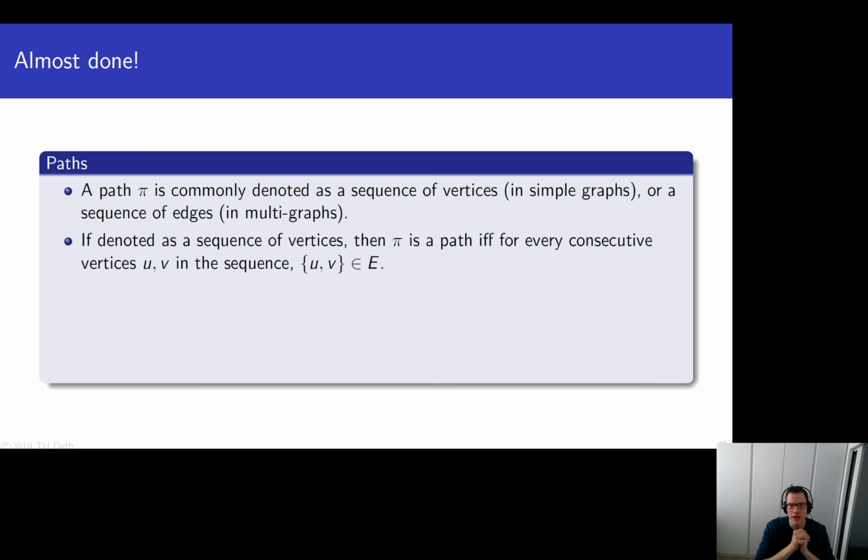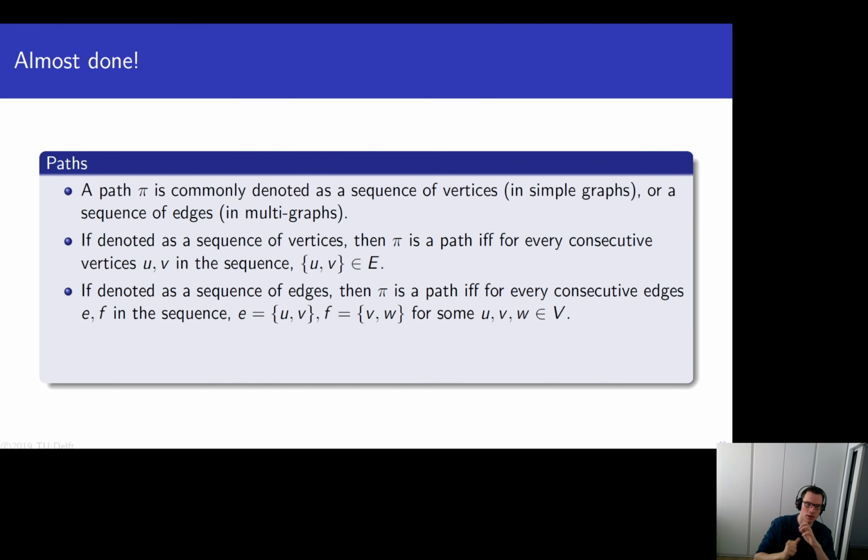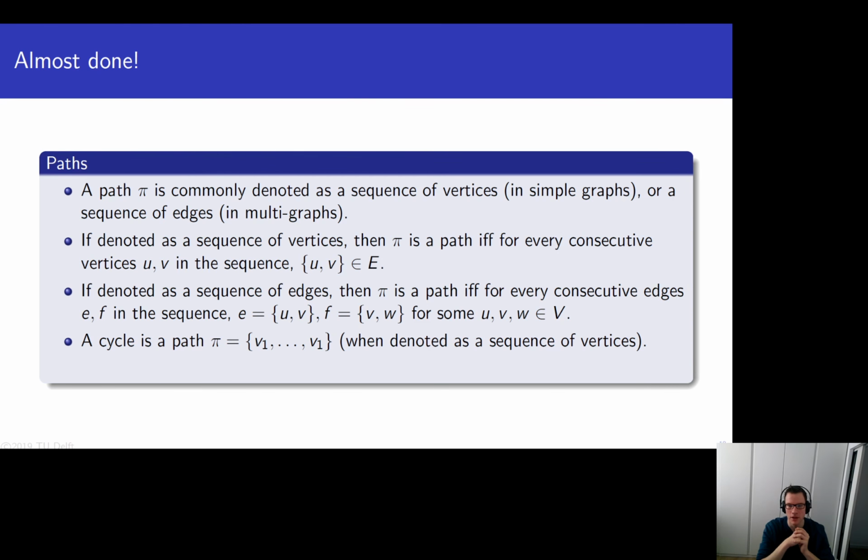If we denote it in such a way, then for every two consecutive vertices in the sequence, so from A, B, C, for example, there must be an edge from A to B and from B to C. If we denote it as a sequence of edges, then it is only a valid path if and only if two consecutive edges share a node. So U goes to V, and from V we depart to W. And finally, a cycle is just a path, with the exception that the last is the same as the first.